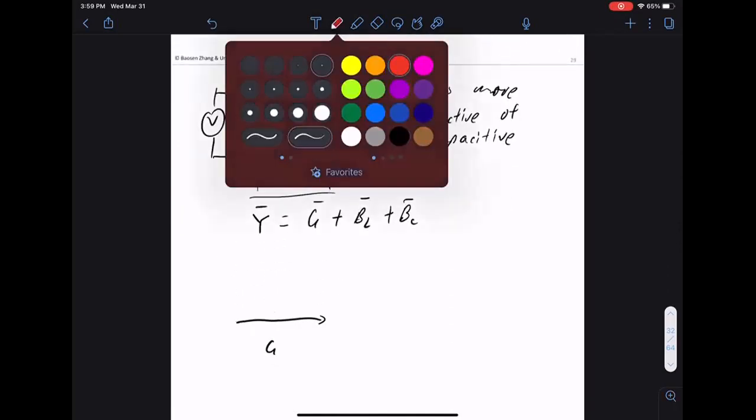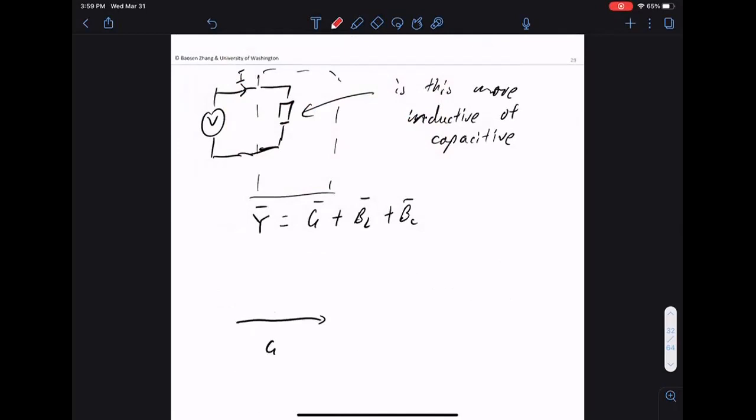A capacitor is plus j, a positive imaginary part. So this is your capacitor, and this is the inductor. The capacitor and inductor are fighting each other, one positive, one negative. So whether this is more capacitive or more inductive depends on which one has a larger value.